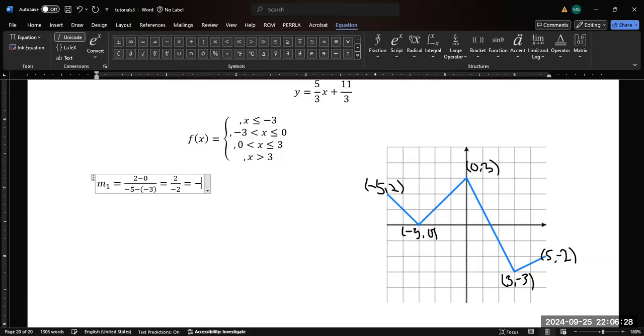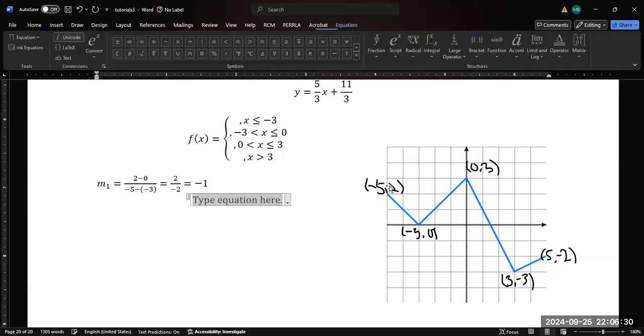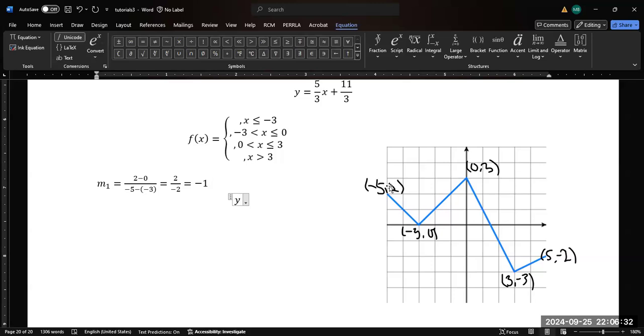And so we're going to get a slope of -1, which is to be expected. And then y minus 0 is equal to -1 times (x plus 3). And that's going to give us y equals -x minus 3.